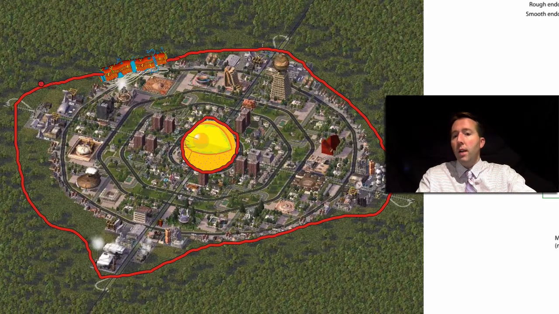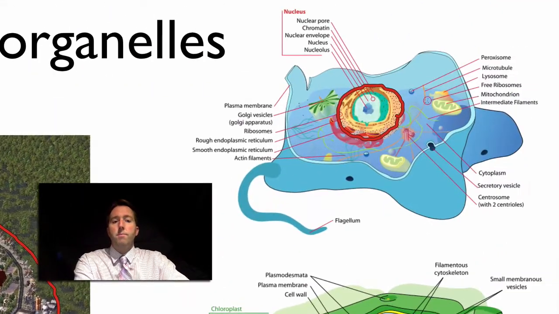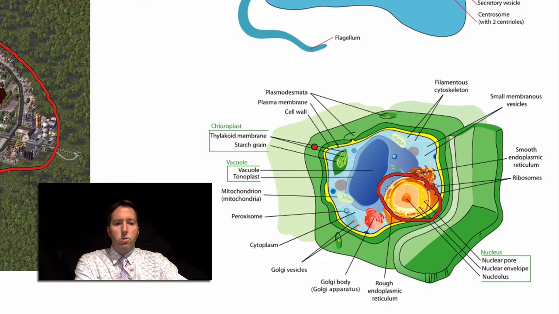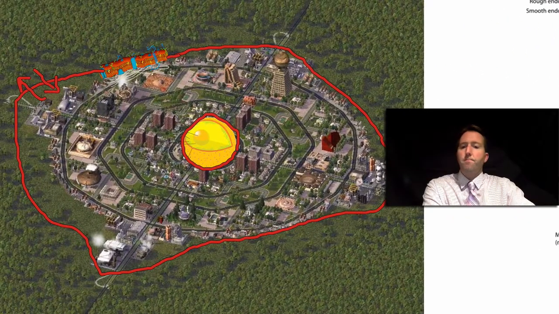So some things are allowed into our cell or into our city, and some things are allowed to leave, but the plasma membrane controls what comes into and what leaves our cell. And of course, animal cells have this plasma membrane around here, and plant cells also have a plasma membrane just around here. So it controls what goes into and out of the cell.